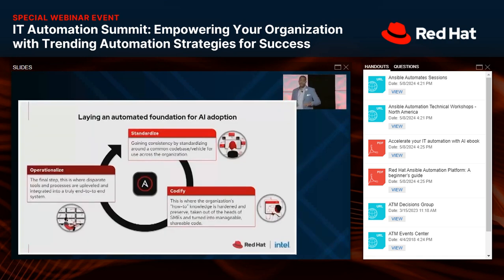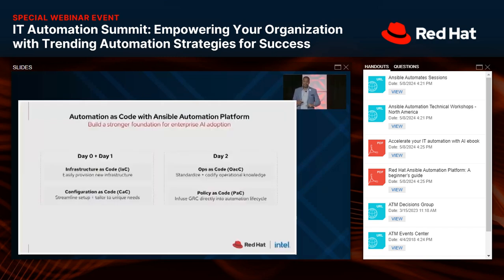This behavior right here. I love this slide, and this is a slide that I use very often when I'm talking to my customers because it helps explain what that foundation looks like. So, automation as code within the Ansible automation platform. The whole idea is that Ansible automation platform helps you get that stronger foundation to eventually adopt AI in your enterprise.